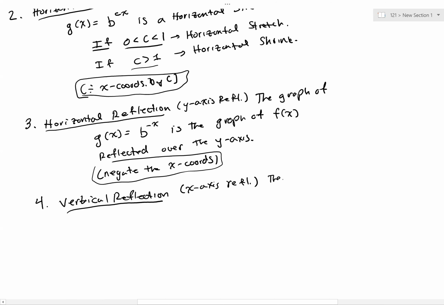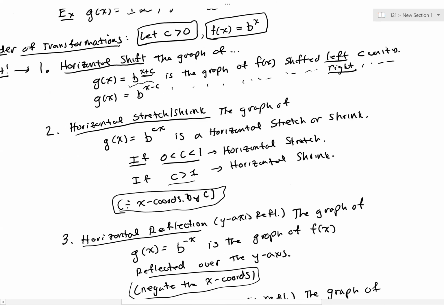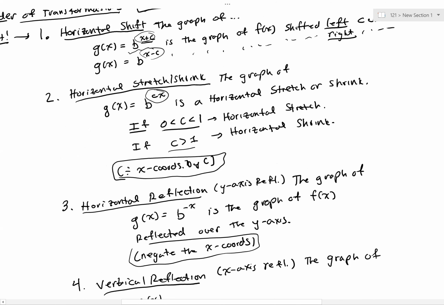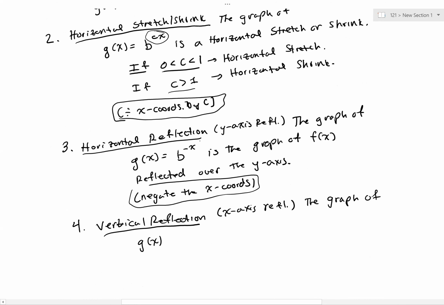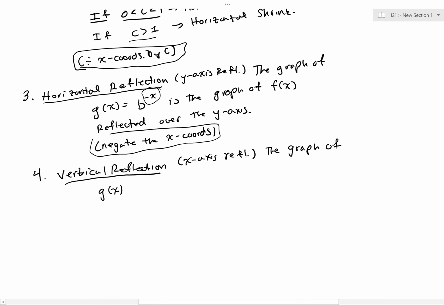So we say the graph of g of x. So here, the minus sign is not in front of the x anymore. So for these first three transformations, look what we're doing in the exponent. We're either adding or subtracting something from x, multiplying x by some fixed constant, or negating the x. Okay, so for vertical transformations, remember they're happening to the function.